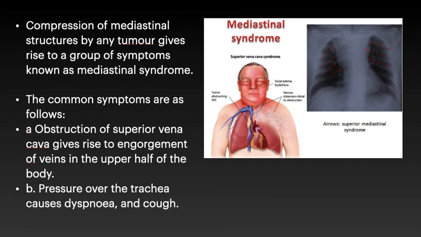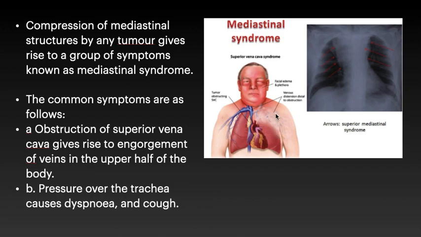So, in case of this projection onto the right dead space, there could be compression of the mediastinal structures by tumors, giving rise to some symptoms together called the mediastinal syndrome. Now, the common symptoms are obstruction of the superior vena cava, giving rise to engorgement of veins in the upper half of the body.